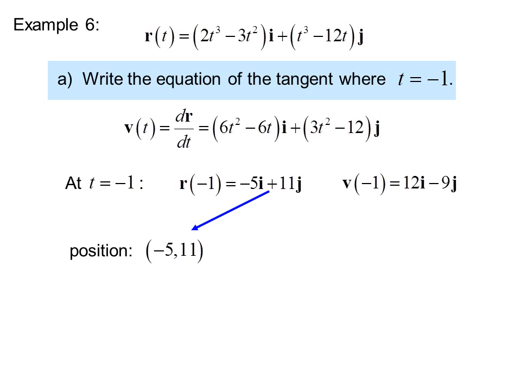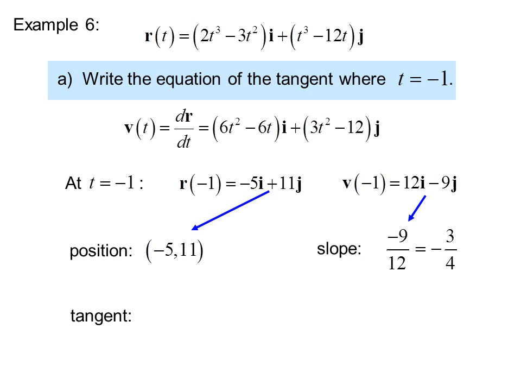The position then is -5, 11. That is, x is -5, y is 11. To find the slope is going to be change in y over change in x, or -9/12, which is -3/4.